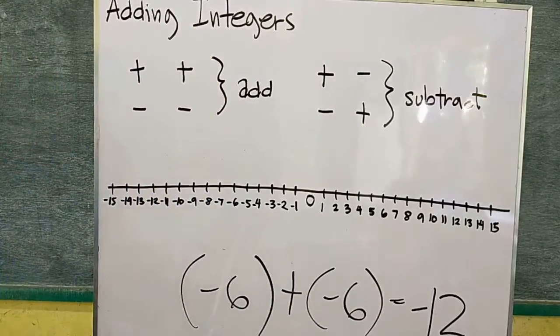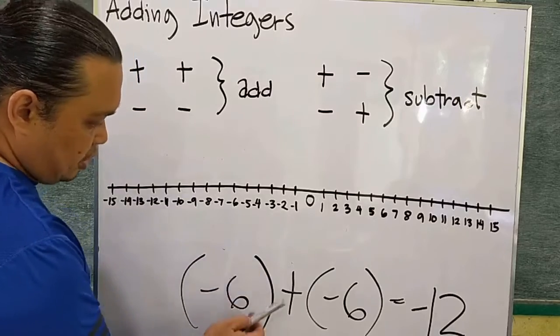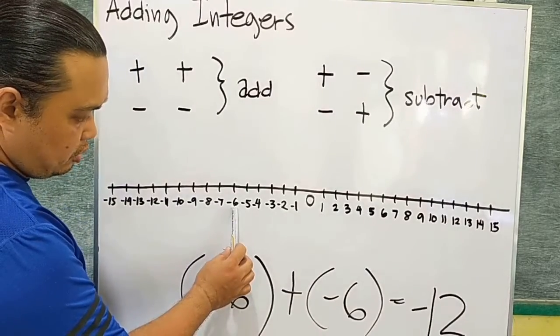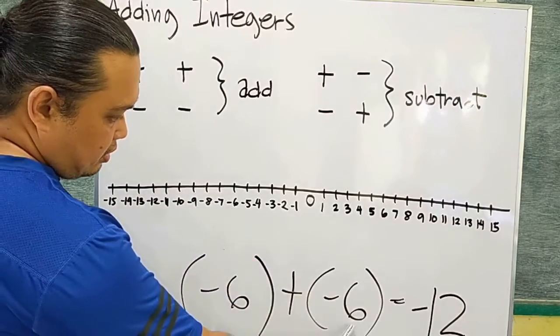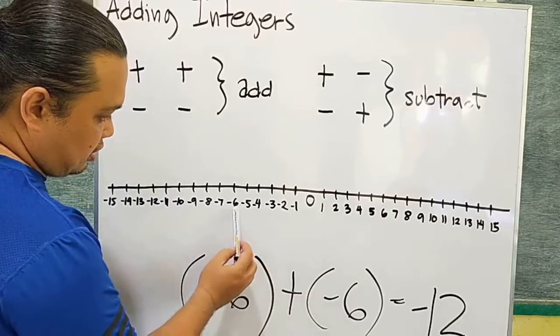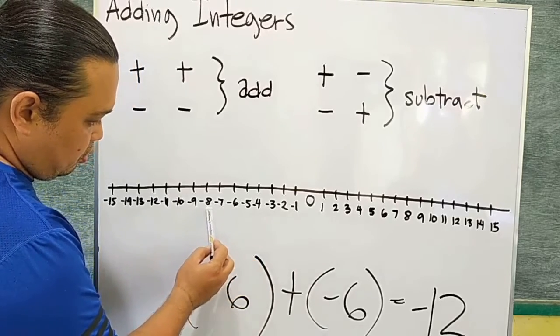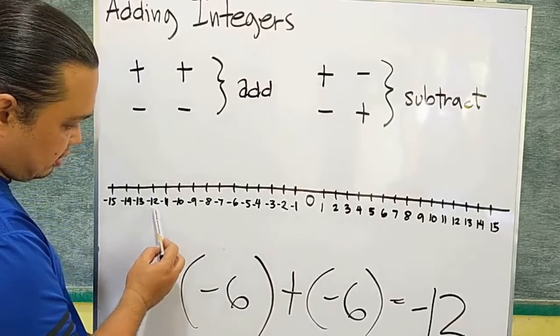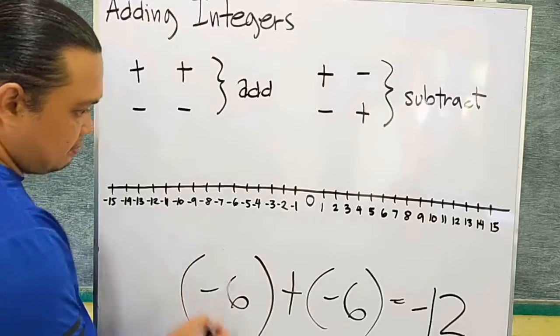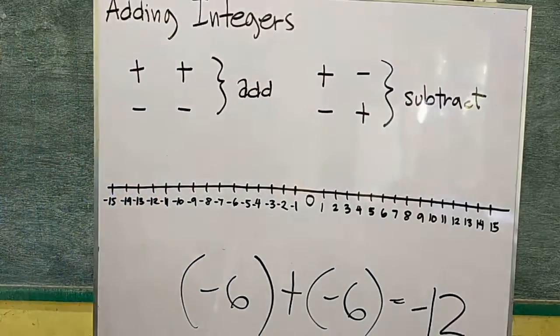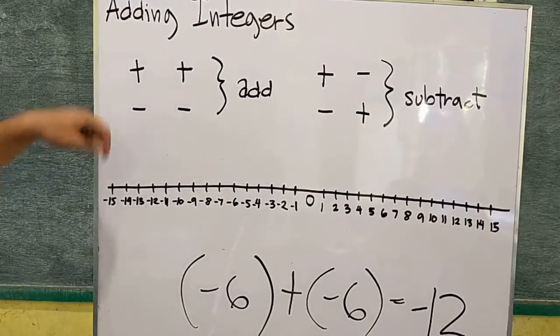Let's count that from our number line. Negative 6 here. From negative 6, you need to move 6 steps to the left, which is negative. So let's count. 1, 2, 3, 4, 5, 6. So our answer is negative 12. So that's how you add like integers.